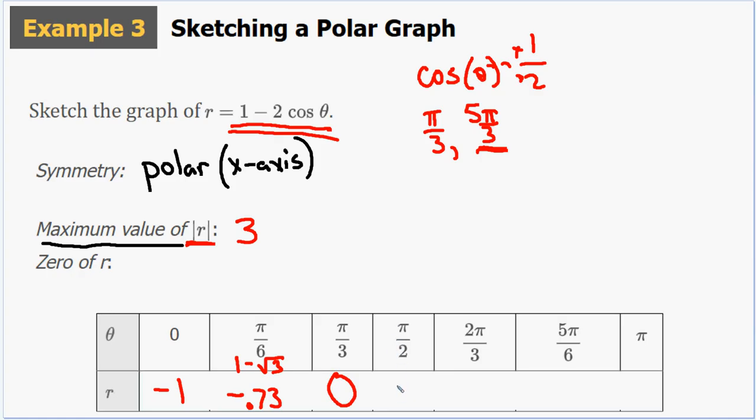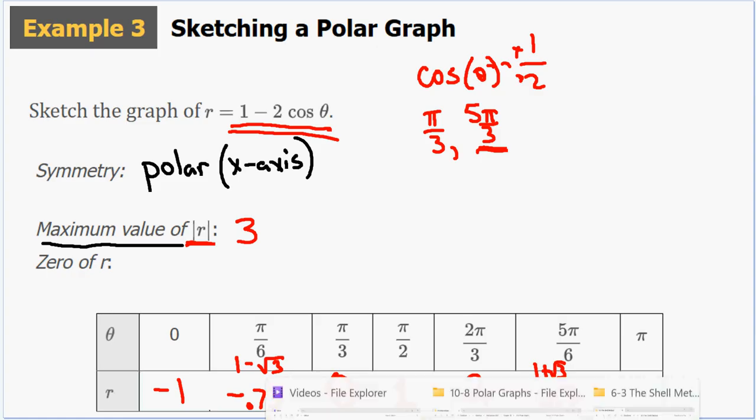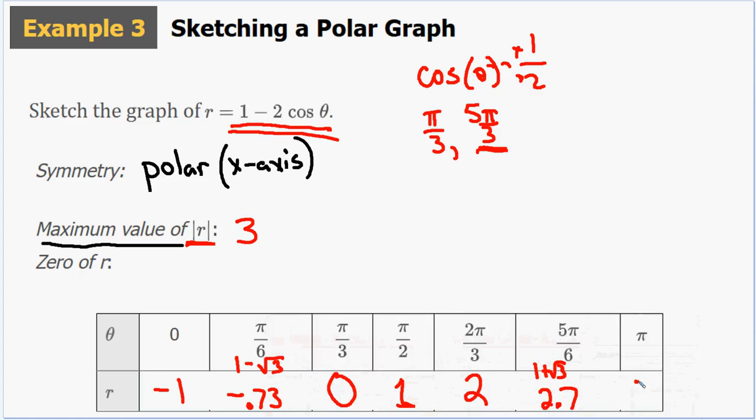At pi over 2, our output value is 1. At 2/3 pi, output is 2. And at 5/6 pi, it would be 1 plus root 3, or 2.7. And then at pi, our output is 3. Now remember, this isn't a lot of points, but we do have our polar symmetry, or x-axis symmetry.